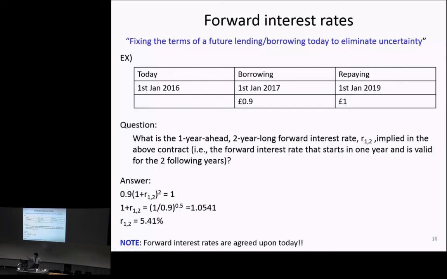We don't know what the interest rate will be in the future. No one can predict the future. But this interest rate is agreed upon today in the contract. So there's nothing uncertain about this interest rate. It will be applied in the future, but it is agreed upon today. Okay?